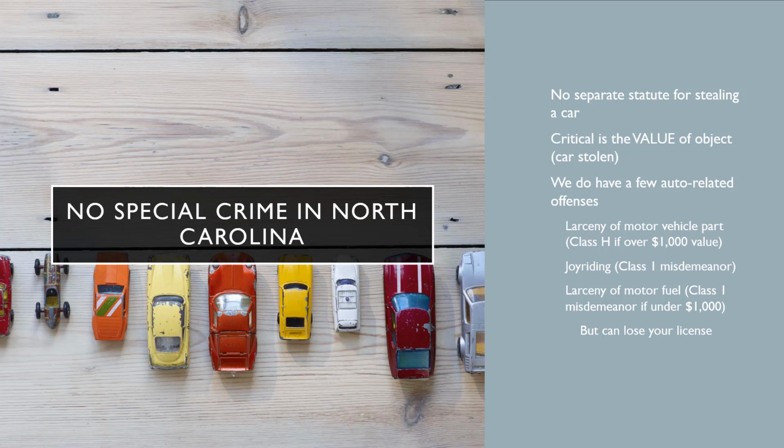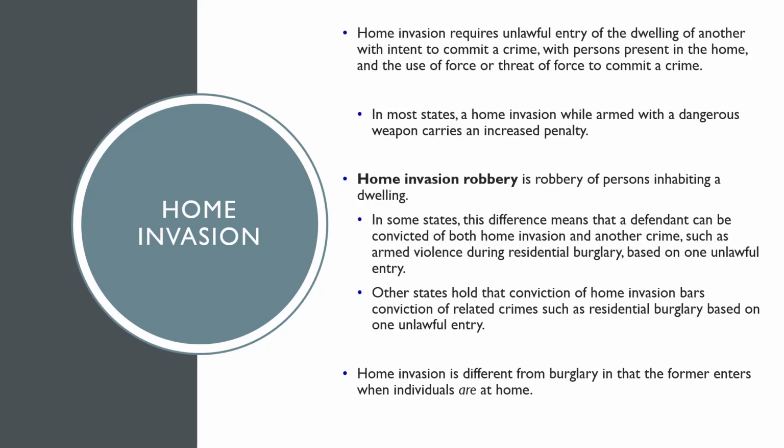They didn't intend to steal the car. They weren't going to transfer title. They weren't going to take it to a chop shop. They just wanted to use it without permission. That's joyriding. And you can see joyriding, if you can prove it, is a much better crime to be charged with. It's a class 1 misdemeanor in North Carolina, which is much better. That's days in jail as opposed to months in prison.